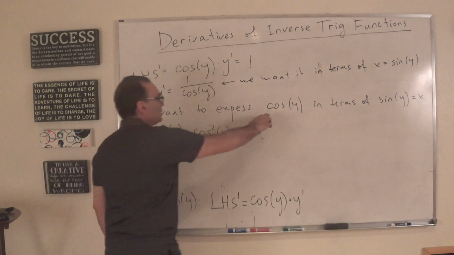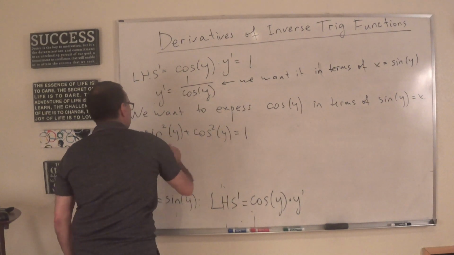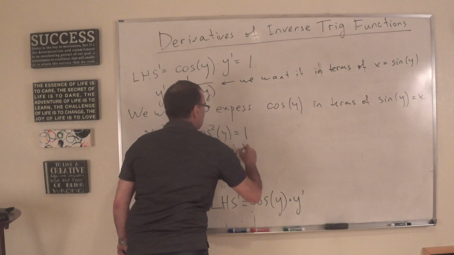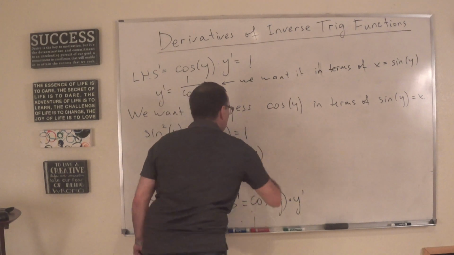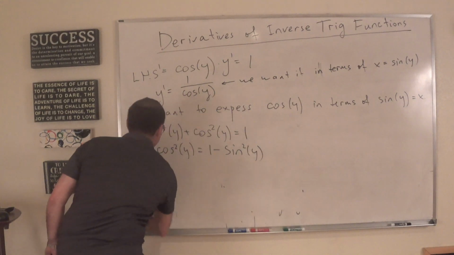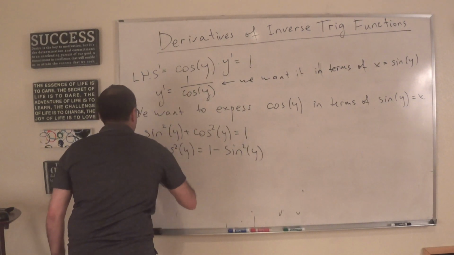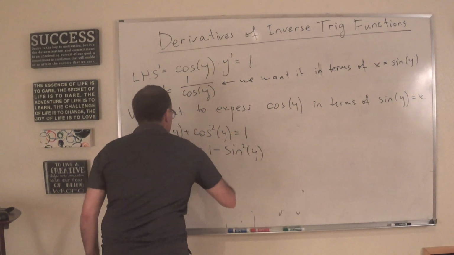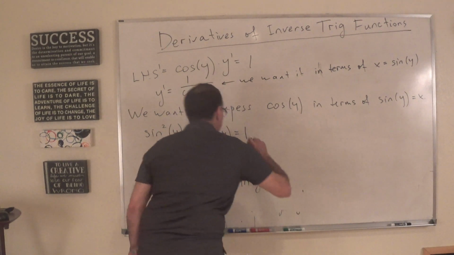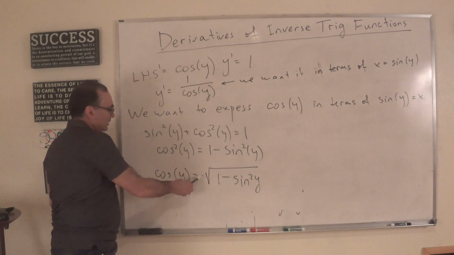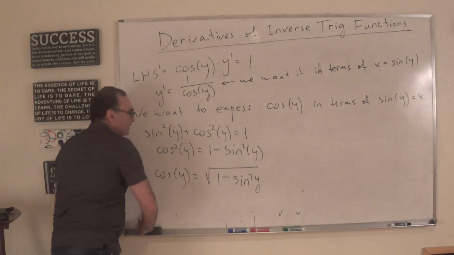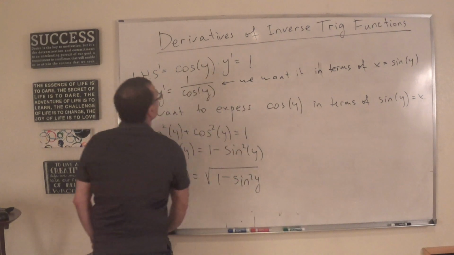Since we need to express cosine, first we express cosine squared, and that is just 1 minus sine squared y. And then we take the square root. So cosine of y equals square root of 1 minus sine squared y. Now you may argue that there should be a positive or negative square root. However, here is where the restriction comes into play.